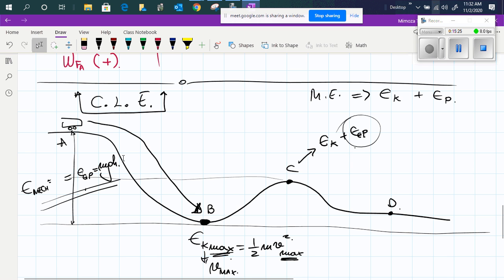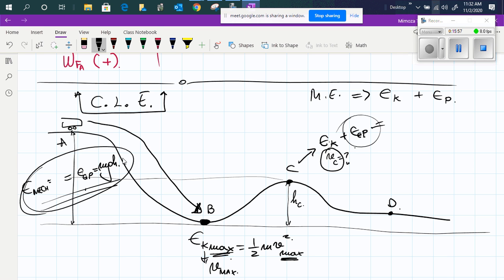And then based on the conservation law of energy, that part that is not potential energy is transformed into kinetic energy. So if you know the height at point C, you can find the velocity at point C using the fact that the sum of kinetic and potential at point C is equal to mgh at point A. And the same thing is here at point D: it is kinetic and gravitational potential energy.